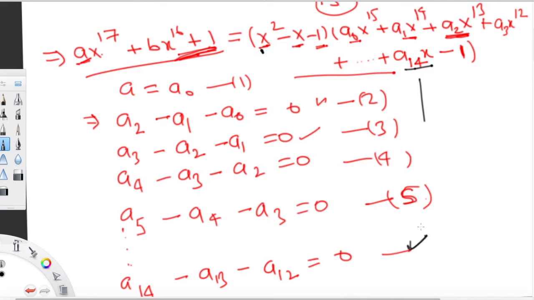This equation will pop up when we compare the x power 3 coefficient, and a13 is just here, a13 into x square.